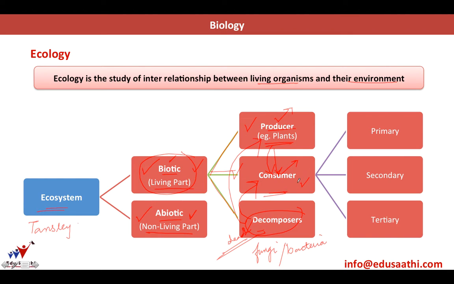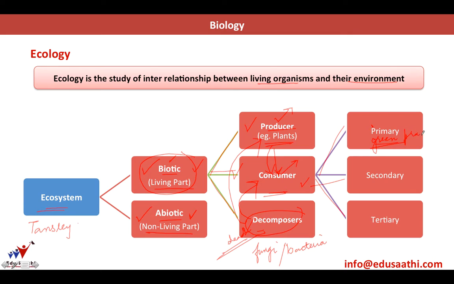Now, consumers are further of three types: primary consumer, secondary consumer, and tertiary consumer. Primary consumers in this category are those organisms that depend upon plants for their food. So primary consumers mainly depend upon green plants or their parts for their food.